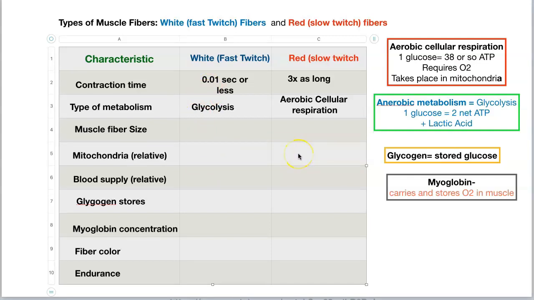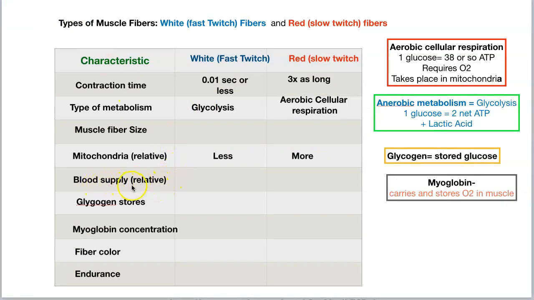For the red, you need mitochondria. You have aerobic cellular respiration. You are getting your ATP that is taking place. All this is taking place in the mitochondria. So this is going to be less. This will be more.